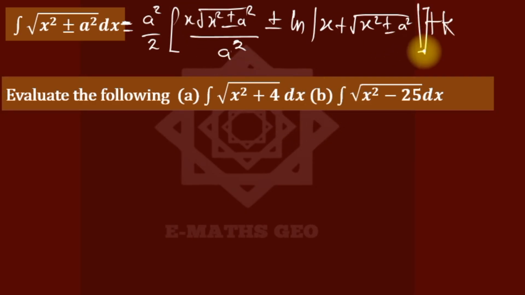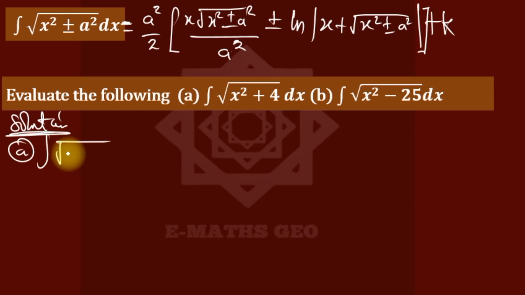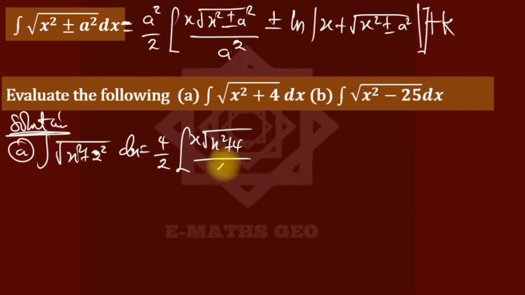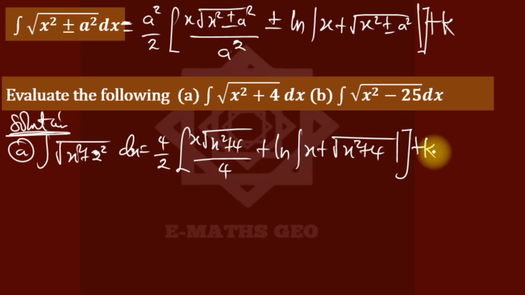let's close this. Okay, the first one: we have the integral of the square root of x squared plus 4, where a is 2, so 2 squared, dx. Our answer is a squared over 2, which is 4 over 2, then bracket x times, since we have plus, the square root of x squared plus 4 over 4, plus ln of x plus the square root of x squared plus 4, plus k.